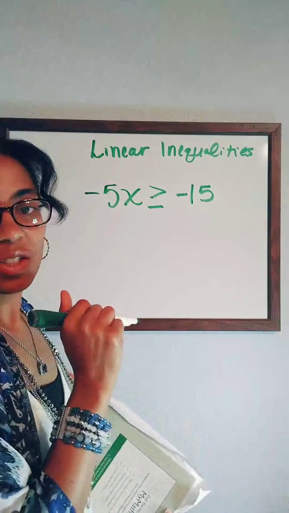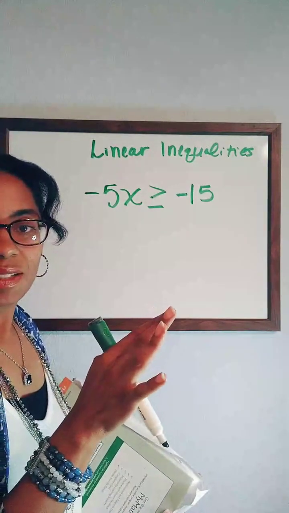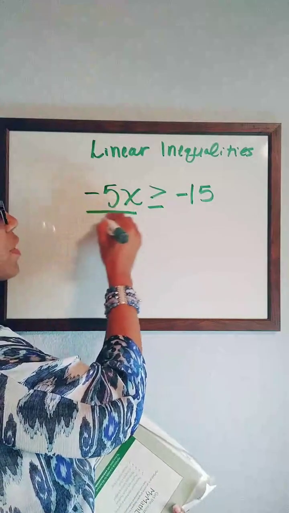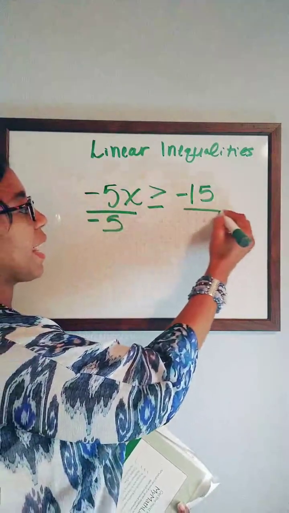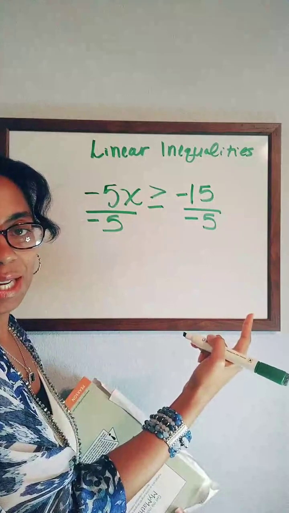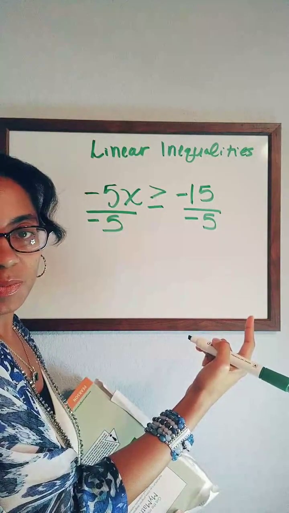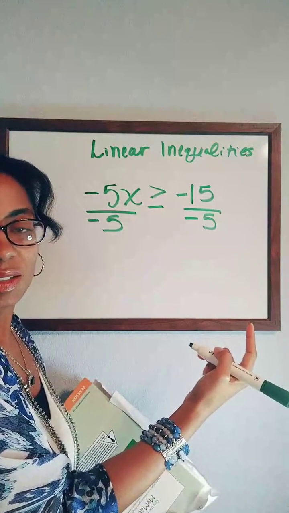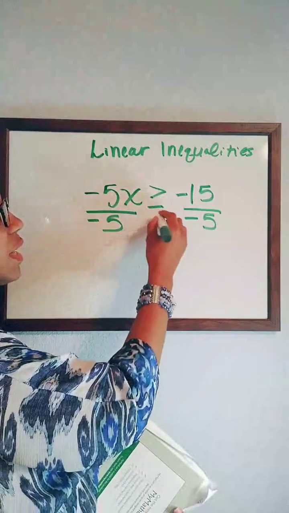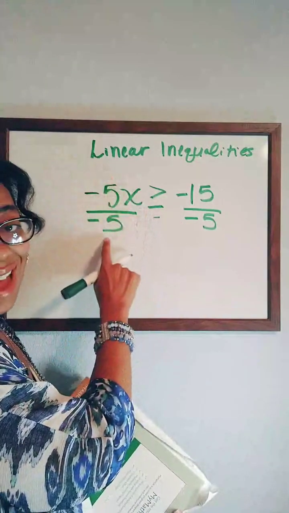So something specific happens whenever we divide by a negative. Does anybody remember what happens when we divide by a negative? The symbol flips. Because remember, everything negative tells me to change the sign.